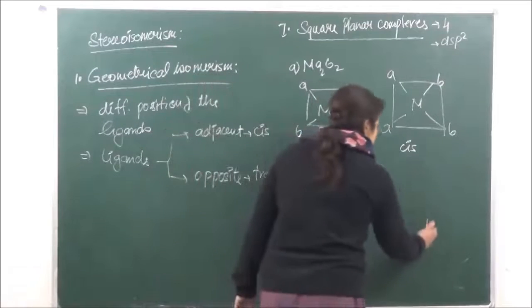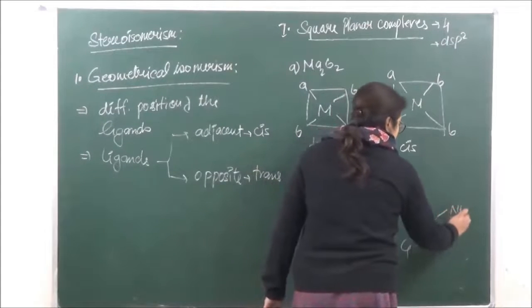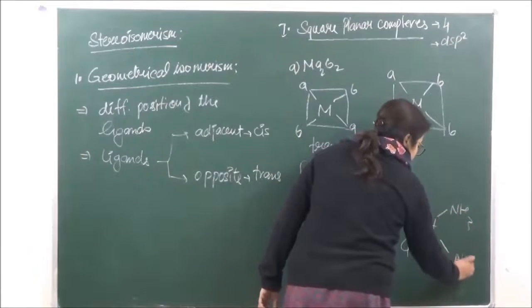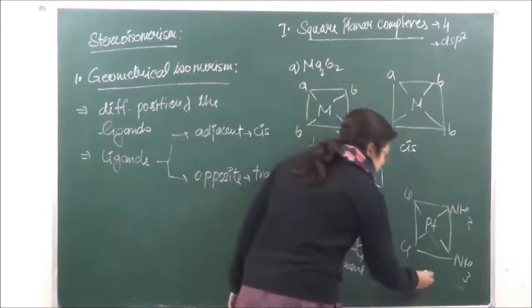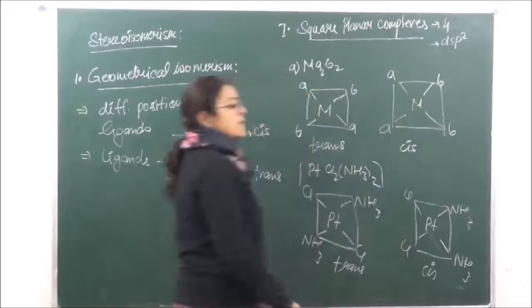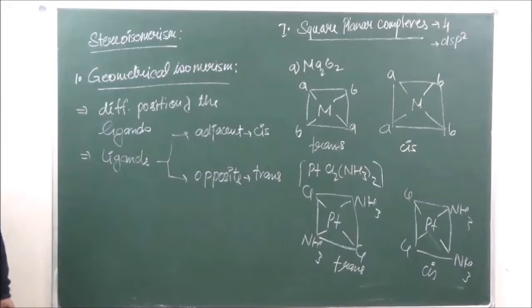And if the chlorines are placed adjacent to each other, these are going to be known as cis isomers. ठीक है? So if chlorines are adjacent to each other, they are cis, and if chlorines are opposite to each other, they are going to be trans.